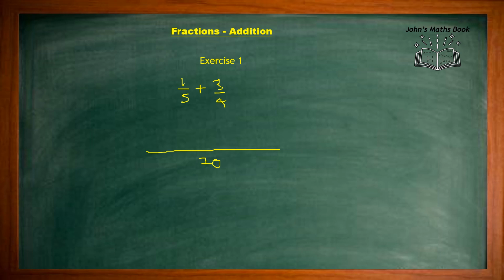And now we need to find the new numerator. We do that by dividing the first denominator into the new denominator. So 5 goes into 20 4 times, and then we multiply it by its numerator. So that becomes 4 times the numerator, which is 1. And then we have a plus, and we divide the denominator of the second fraction into the new denominator of 20.